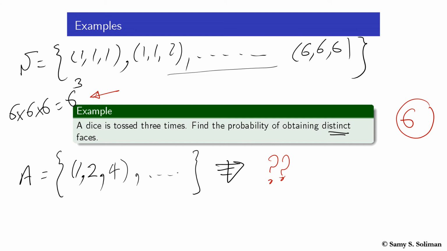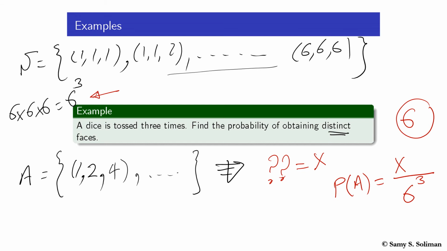Let's assume that this number will be x. The probability of such event will be the number of possibilities of this event divided by the total number of possibilities, the total number of having 3 phases in general, which is 6 power 3 as we calculated earlier.